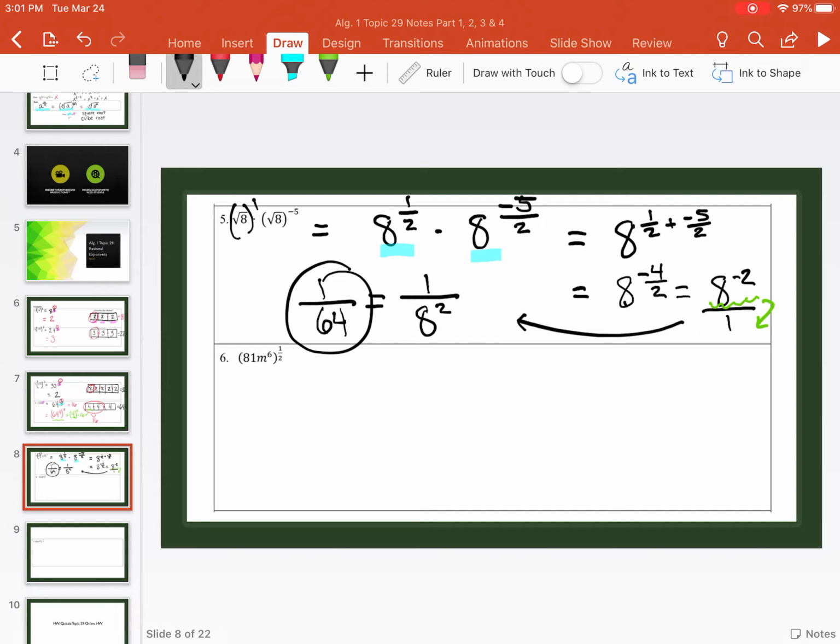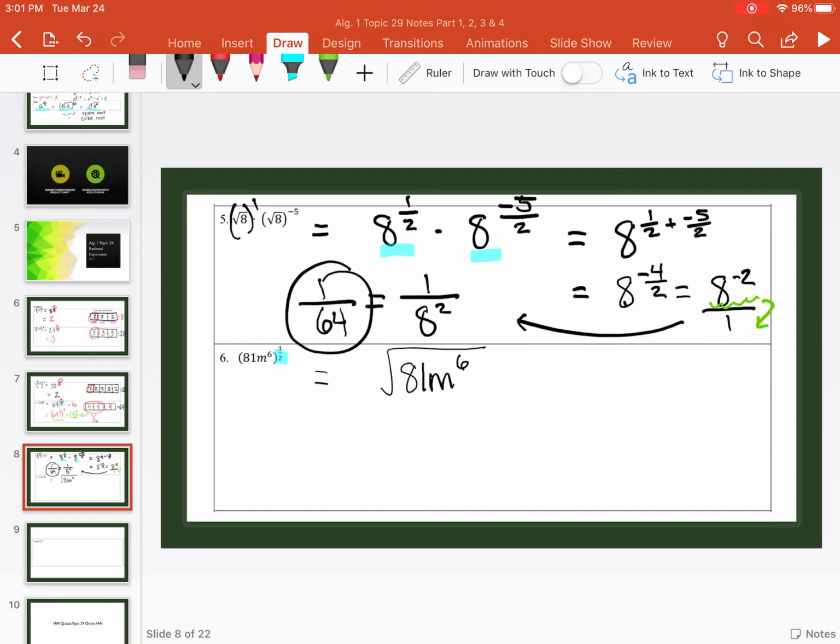Now sometimes here we deal with variables. So don't get scared, that's totally okay. Now this problem, notice how it's already written in an exponential form. We have our exponent of 1/2. Please note that if you see this problem written differently, it might look like this.